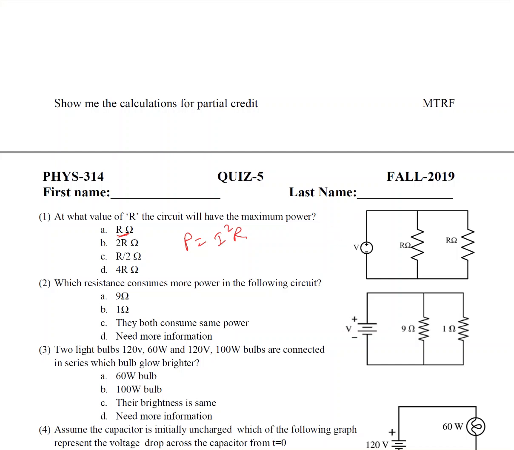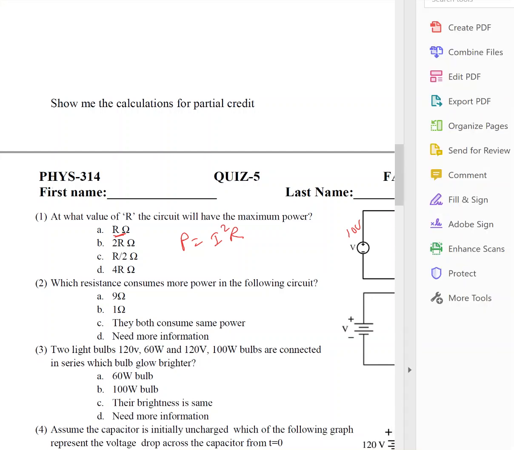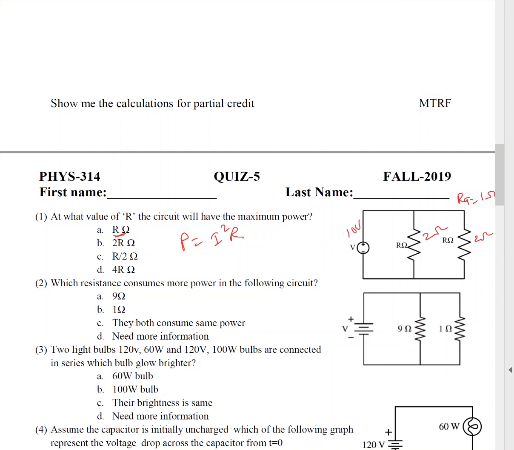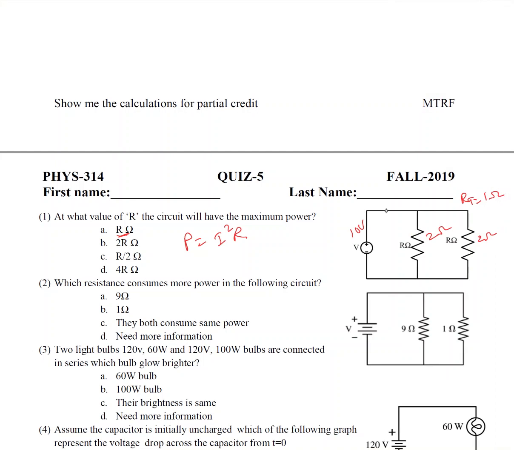To make it simple, let me take this as 10 volt, and take each resistor as 2 ohms. In the first case, with 2 ohms and 2 ohms, R total equals 1 ohm, and the current passing through the circuit, I equals V over R total, which is 10 over 1 ohm, 10 ampere.